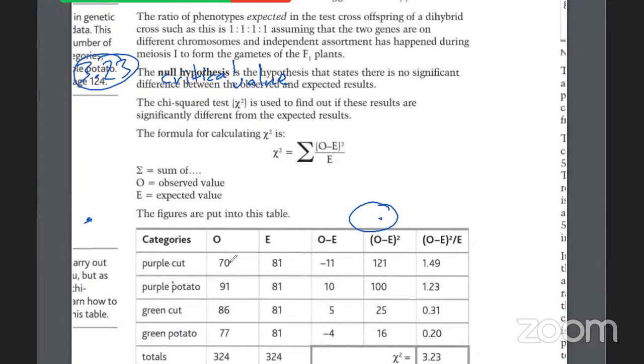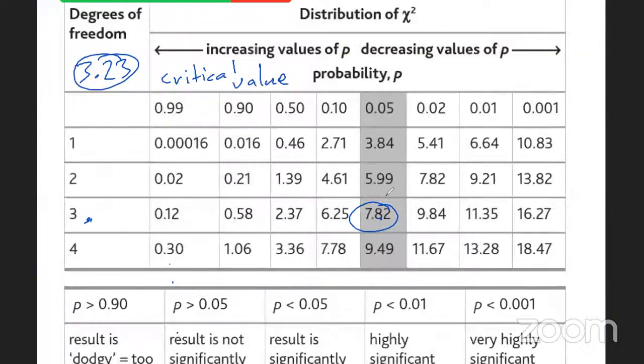Your null hypothesis says that any difference that you see is due to chance. So once it is due to chance, it is not significant. So when you do your calculation, you come to this table, which tells you if the difference that you got is significant or not.